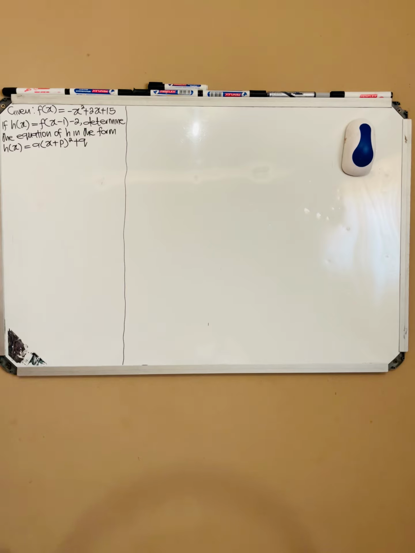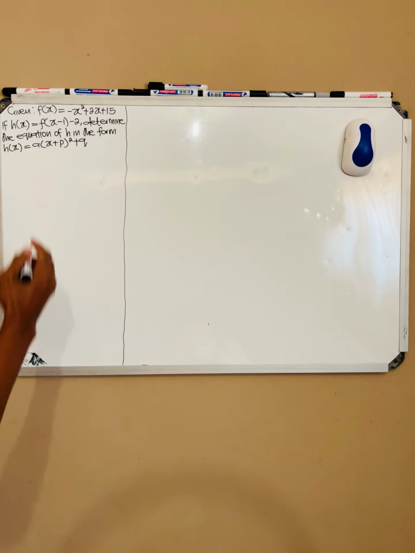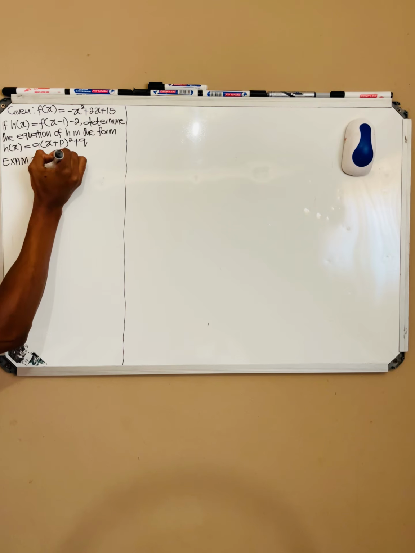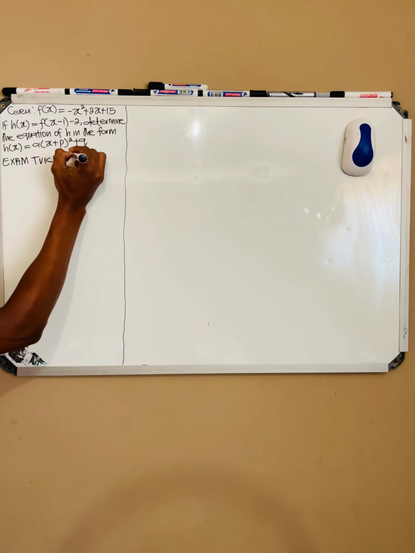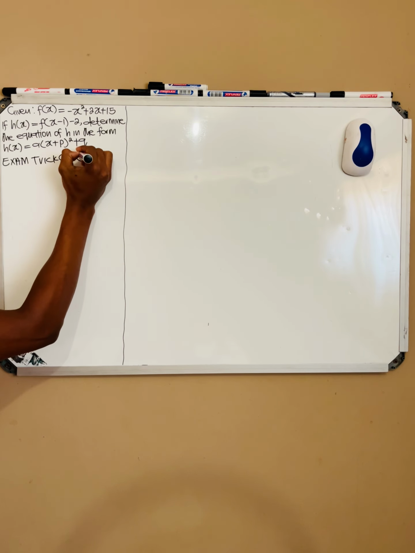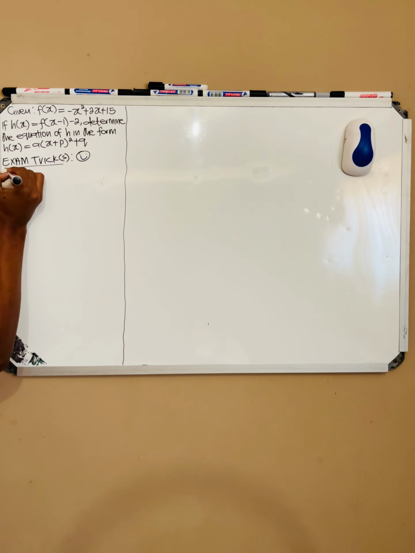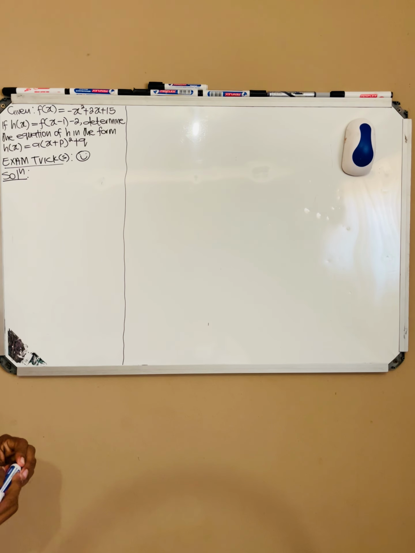So now we need to find the equation of h. The question is how. If you see this kind of question, let's do this very fast. I'm going to do this question using two ways. The first one, I'm going to find what is f(x - 1).